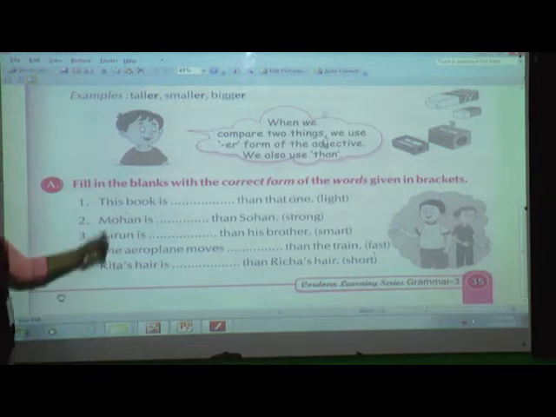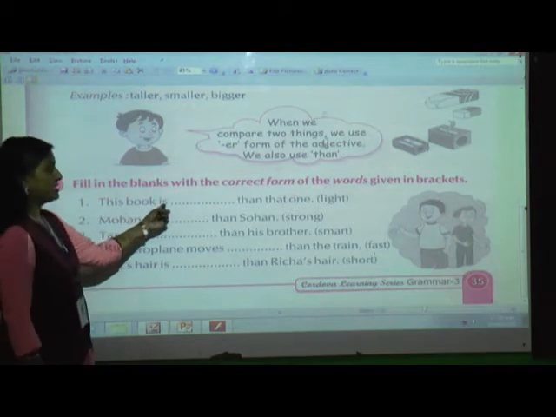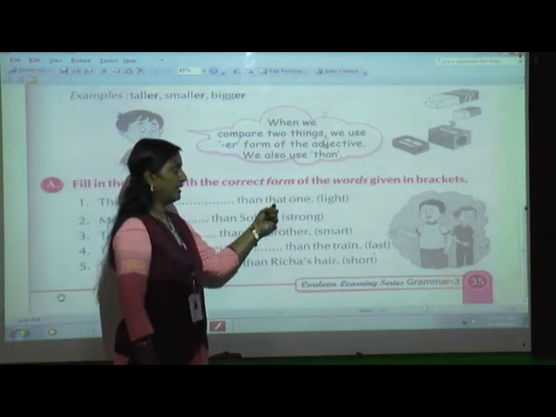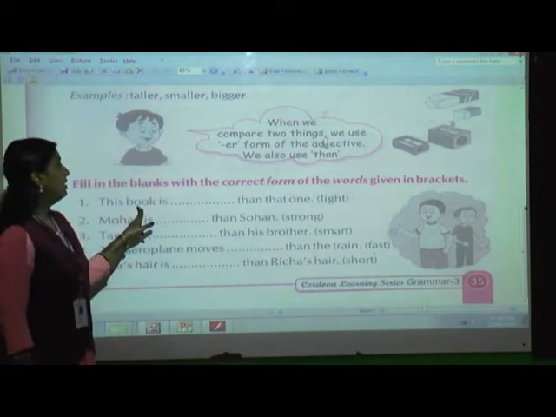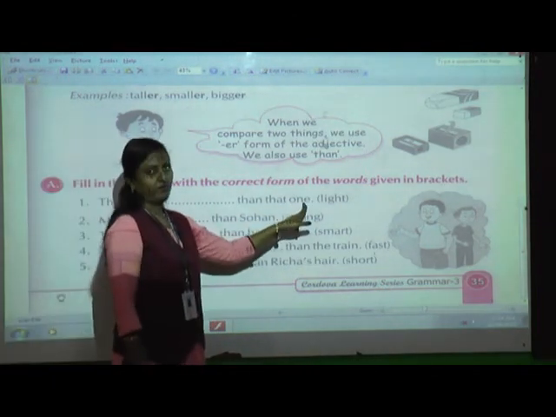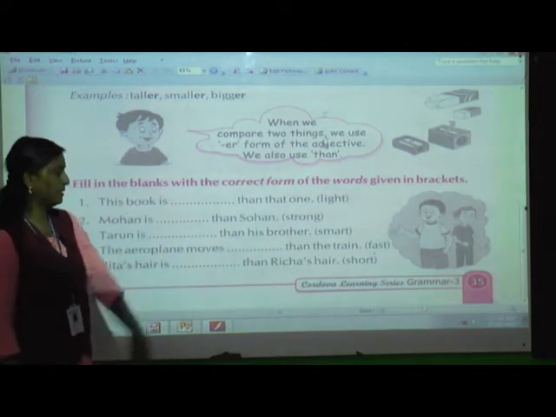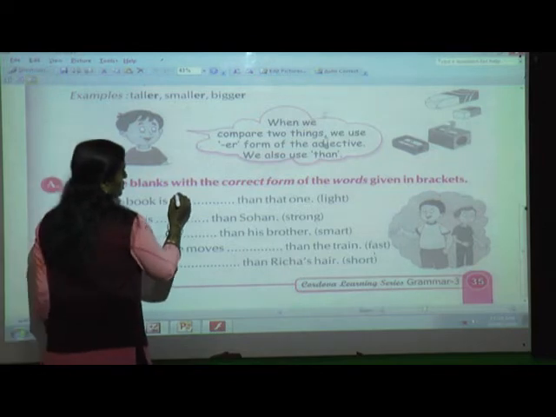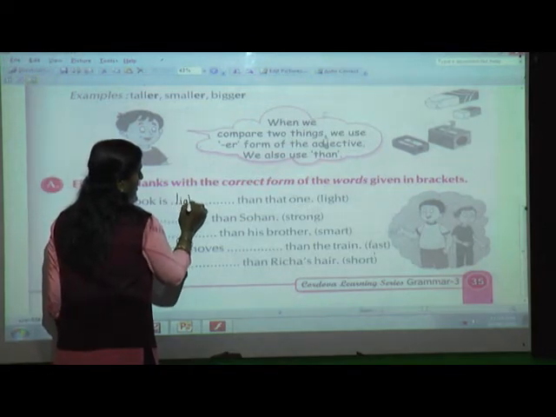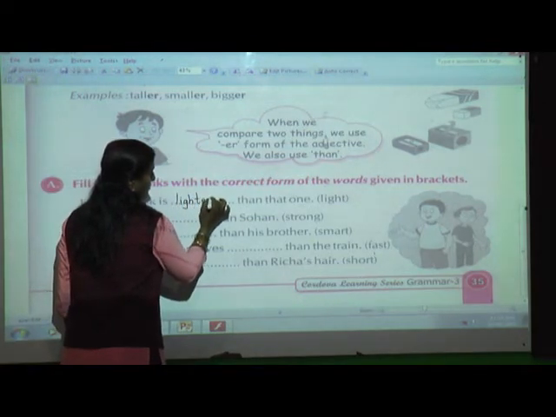So ready, students? This book is dash than that one, and here one adjective is given. You can see here it is compared with only one, which means two things have been compared. So I am going to use lighter.